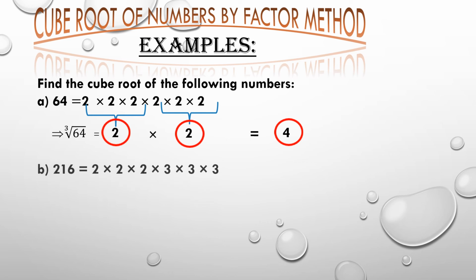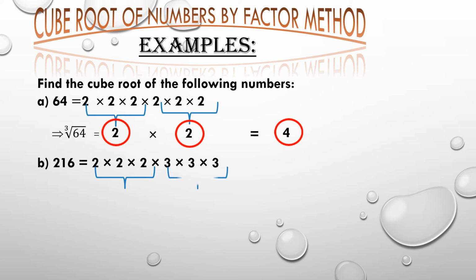Then we have another value which we can get its cube root, which is 216. Get the prime factors, then group them in threes, and in each group common values. So in this case we have 2 multiplied by 2 multiplied by 2, 3 multiplied by 3 multiplied by 3. In each group of threes, take 1.